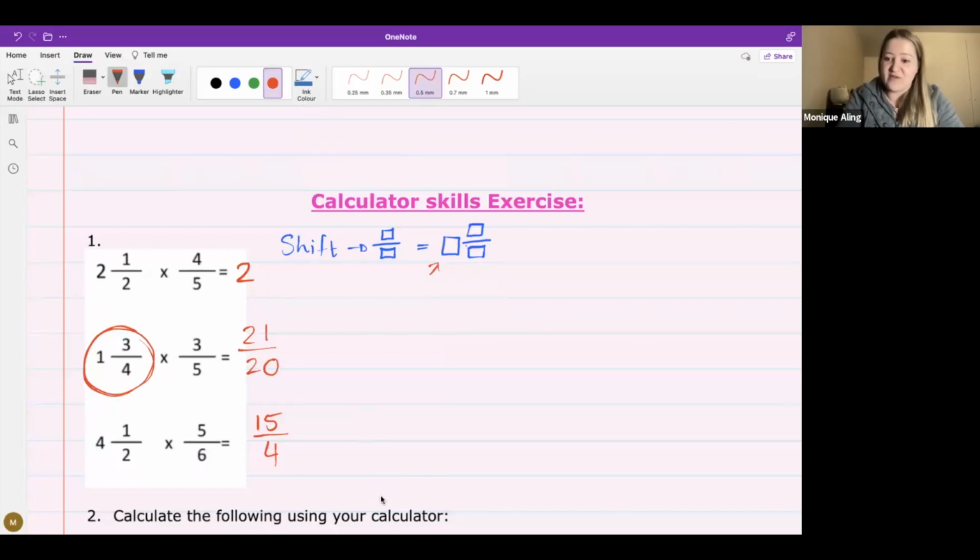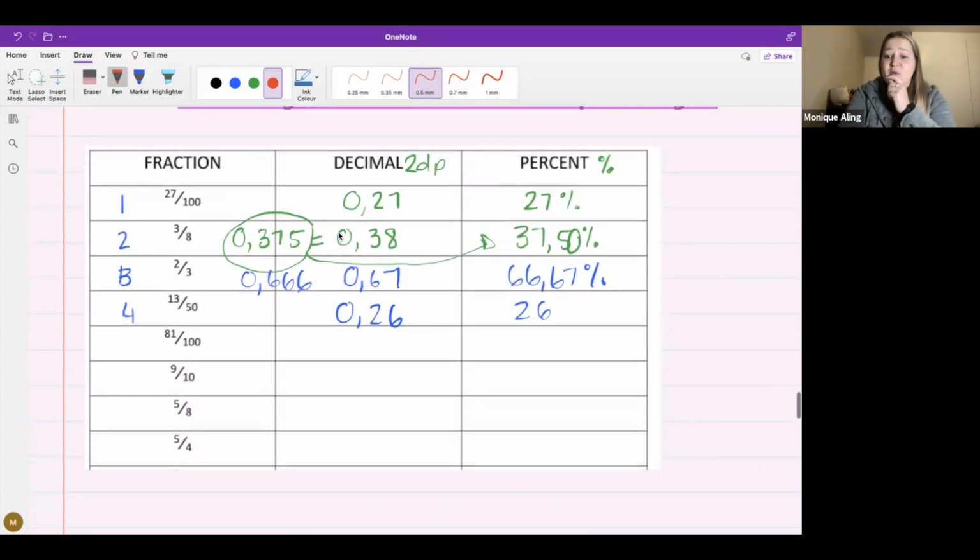I see Amo has raised a hand. Amo. Ma'am, for the previous question, I wanted to ask how to do the percentage. If you get the decimal, then how do you do the percentage? For this table question. Yes, ma'am.